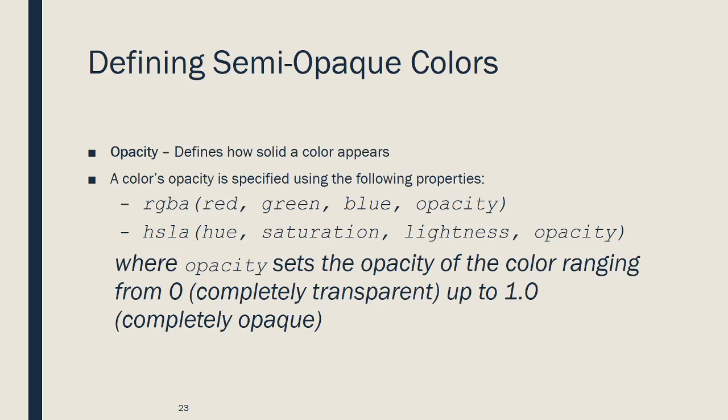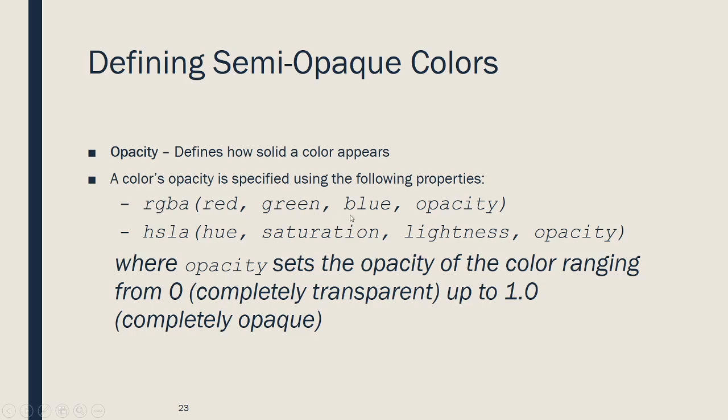Okay, you can also define the opacity. This defines how solid a color appears, and we define the opacity by adding an A at the end of the RGB or the HSL color. So for the RGBA, there are four parameters.